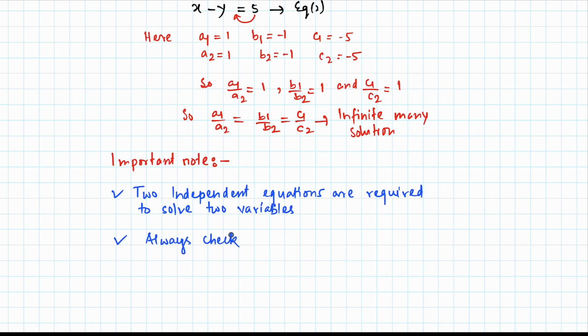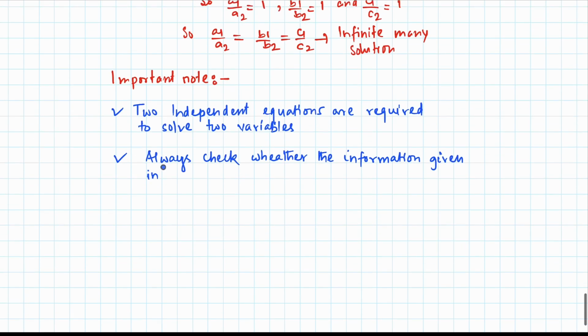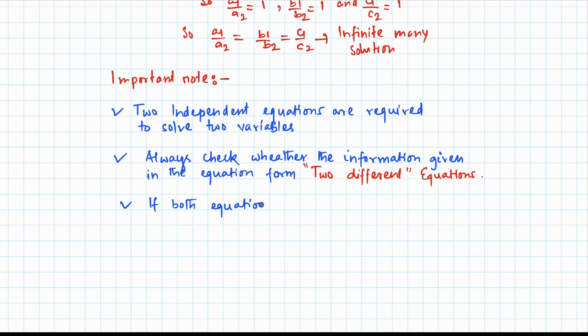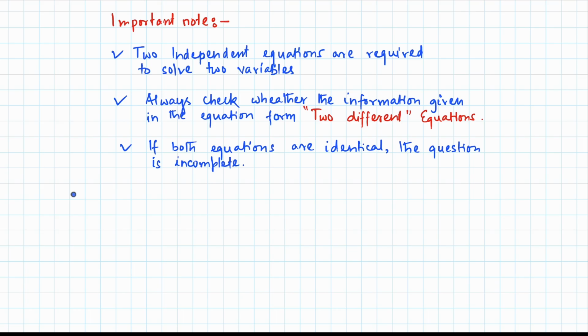Number 2, always check whether the information given in the question forms two different equations. So whatever information has been given should form two different equations, otherwise this is not going to work. If both the equations are identical, what will happen? The question is incomplete or lacks information.